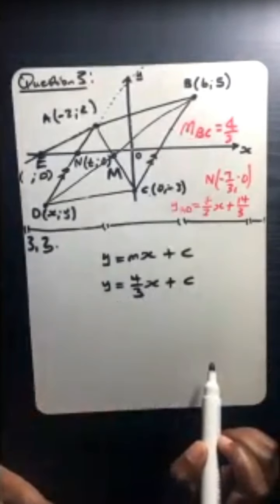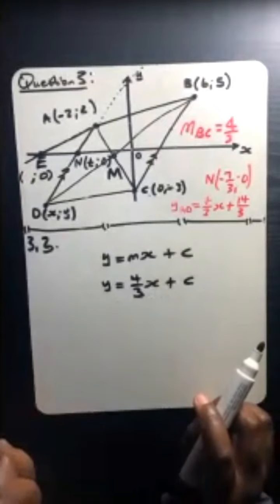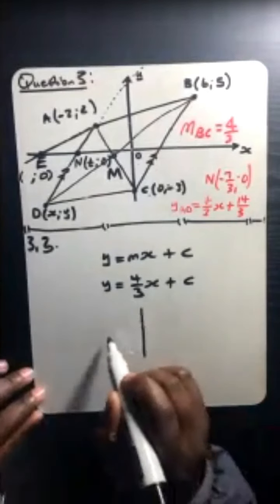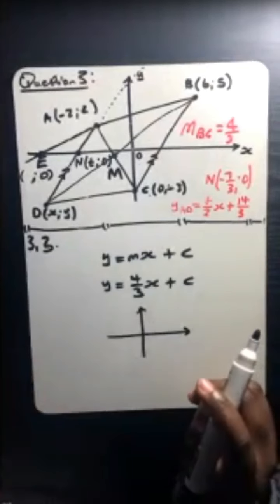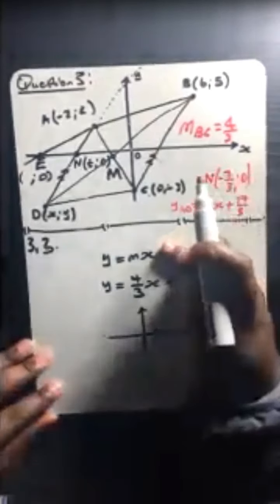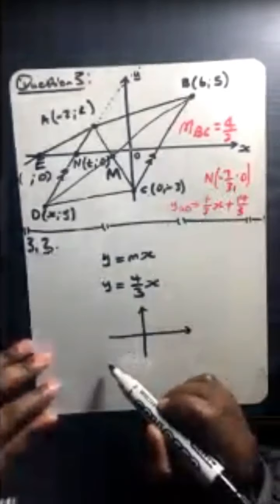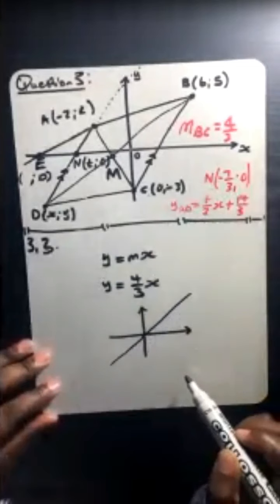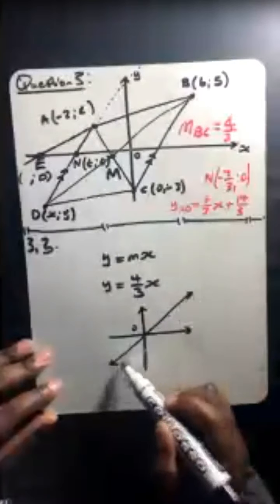What did I say about c, guys? I said c refers to the vertical shift of a straight line. Initially, on the Cartesian plane, an equation of a straight line crosses right there at the origin.